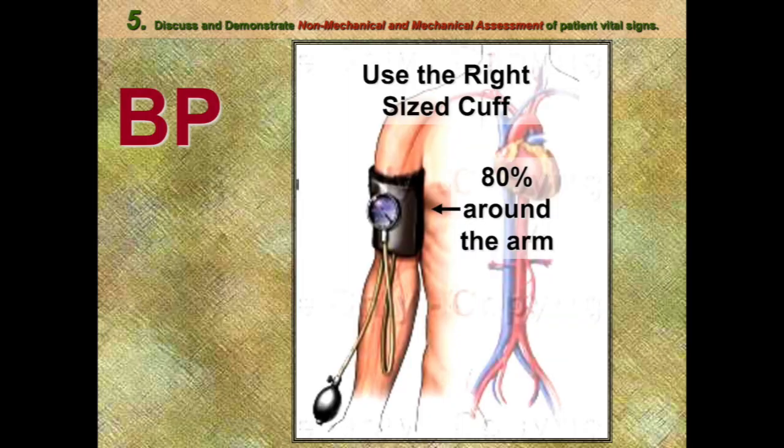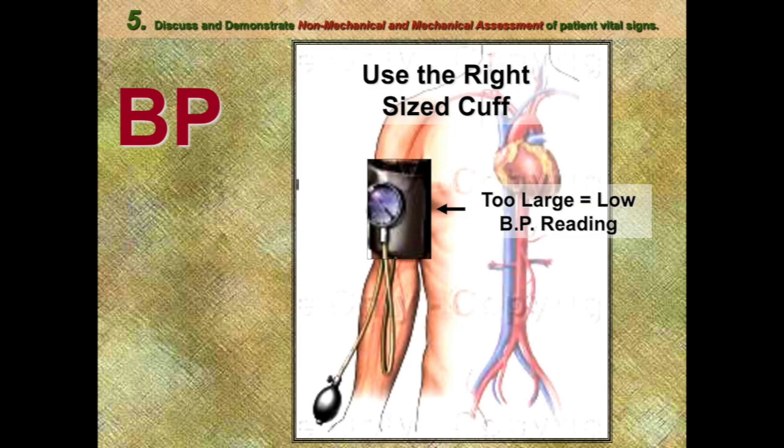As far as blood pressure goes, the cuff has to go at least 80% around the arm. Ideal is 80%. So when you start to wrap it and you've got the Velcro in your hands, you want it to go 80% around the arm. If it's too large and it goes way around the arm, the blood pressure reading is going to be artificially low.